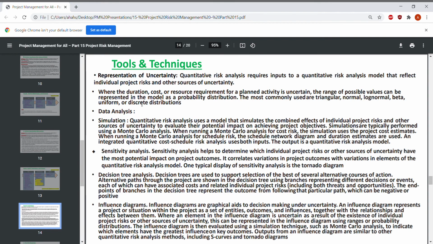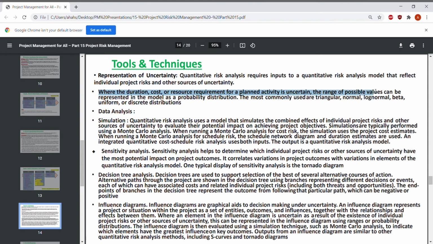So these tools and techniques: representation of uncertainty. Quantitative risk analysis requires inputs to a quantitative risk analysis model that affect individual project risk and other sources of uncertainty, where the duration, cost or resource requirements for a planned activity is uncertain.